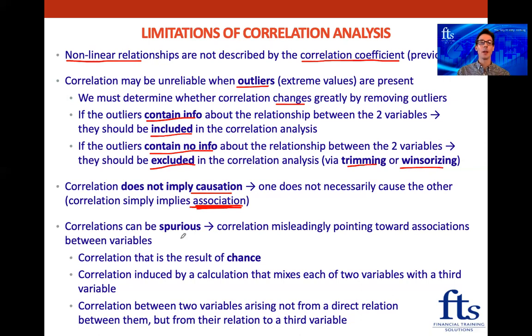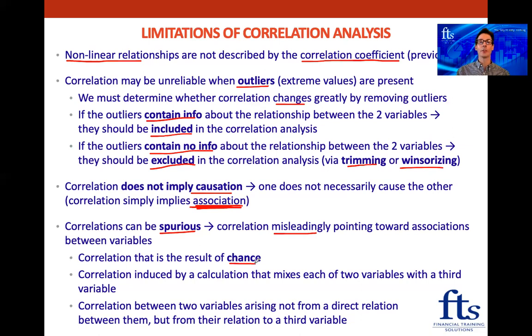And then lastly, correlations can be spurious. This means the correlation misleadingly points towards associations between variables. So we're going to look at 3 instances of spurious correlation. Instance number 1 is correlation that is the result of chance.